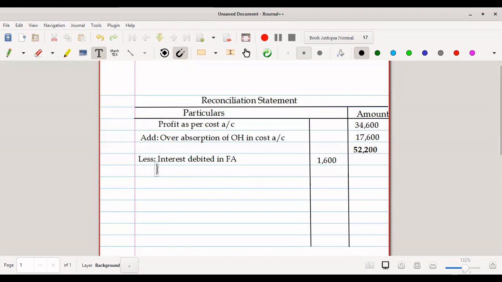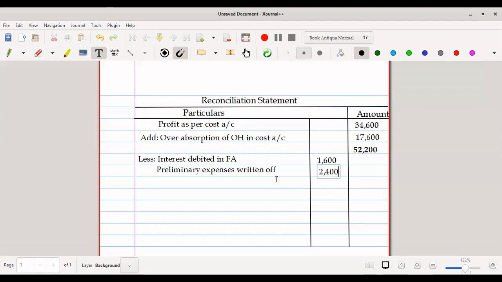And the second point is preliminary expenses written off. Even this is expenses, preliminary expenses written off. The amount given is 2,400.